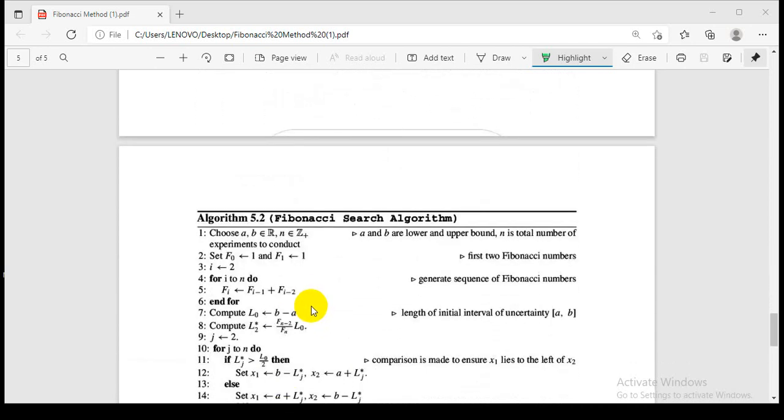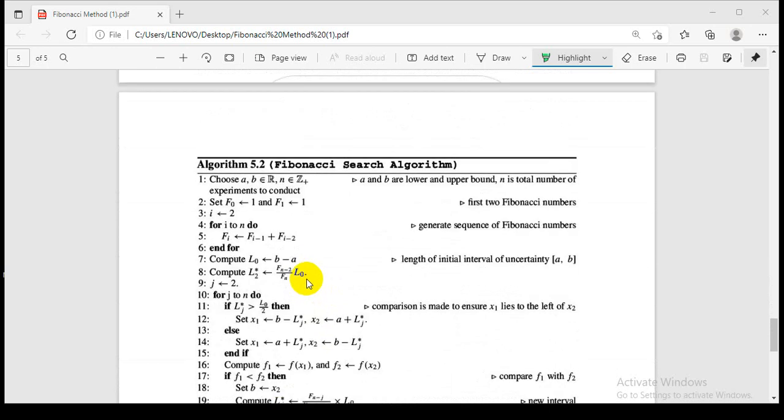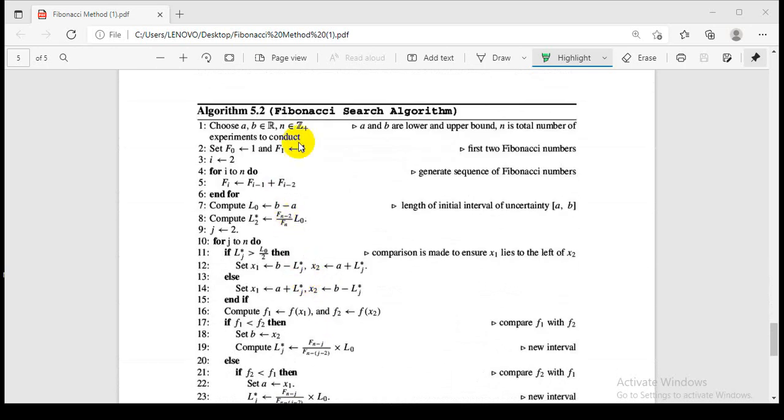And this is the algorithm of the Fibonacci search method. Choose A and B belonging to R and N belonging to Z plus. A and B are the lower and upper bounds, and N is the total number of experiments to conduct.